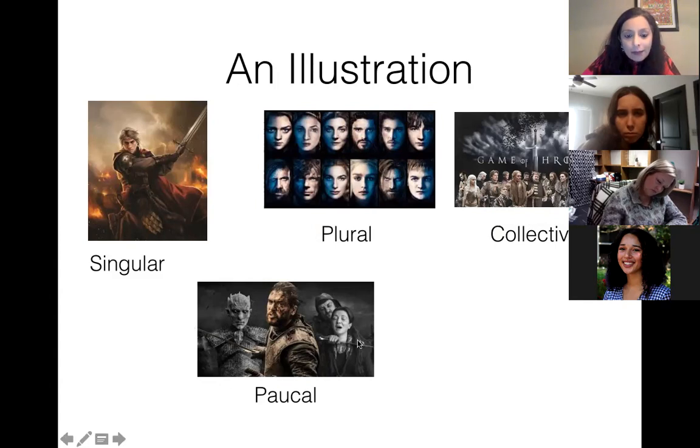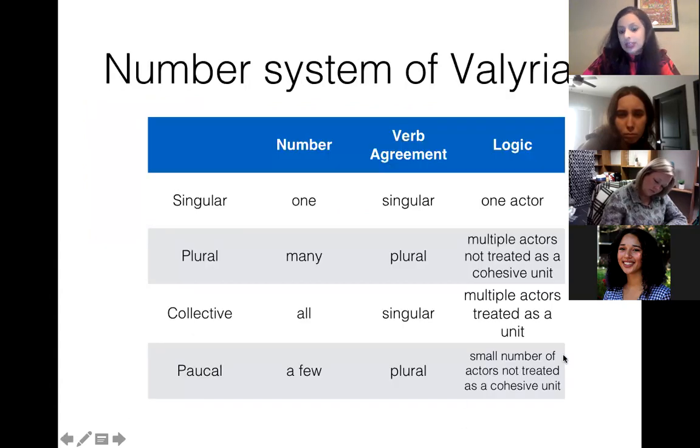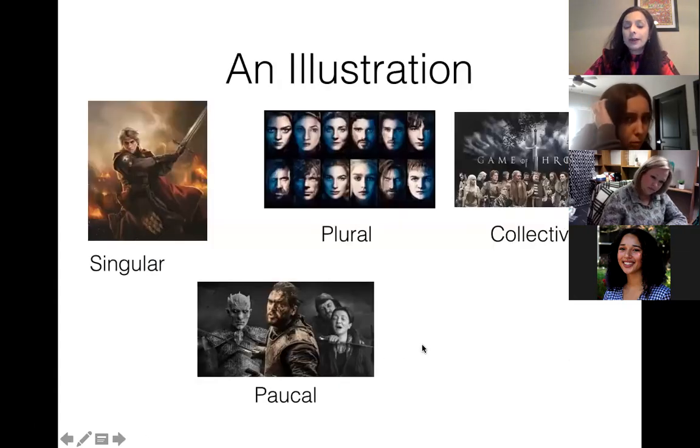And then you have Pokel. So you have a couple of actors. You use a plural agreement, but it is not a cohesive unit. So you say a few, right? Does this visual image drive home the point a little better?